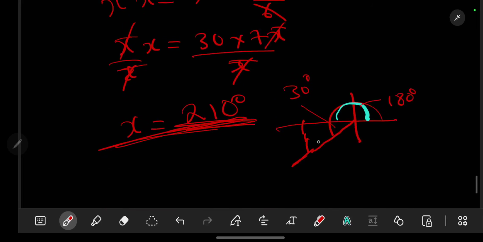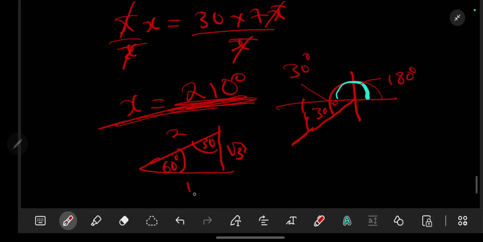So this means that if you have your 30 degrees, remember your special triangle. Your special triangle, the one closest to root 3 is 30. Here we are going to have 60 degrees. Here we have a 2. Here we have a 1.